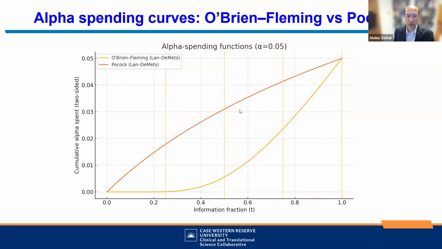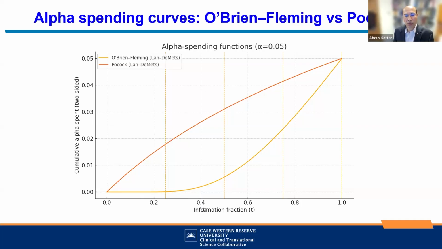There are two methodologies, O'Brien-Fleming, abbreviated as OBF, or the Pocock method. One is stricter early on, and the other one is flatter.